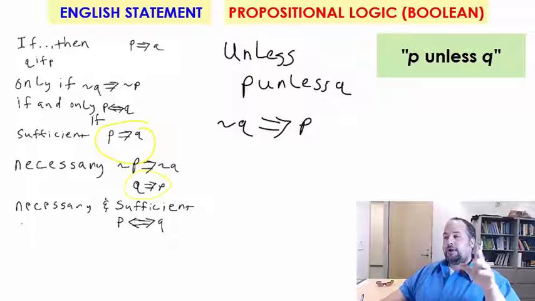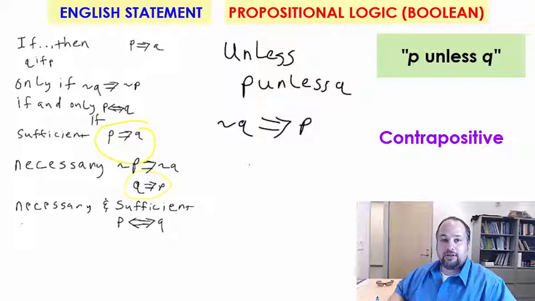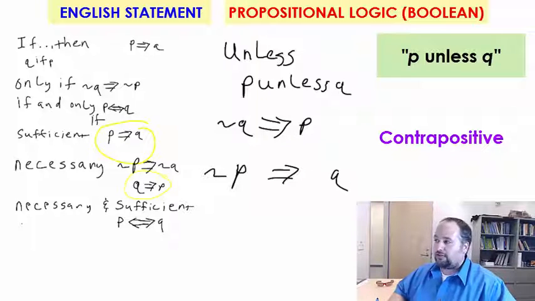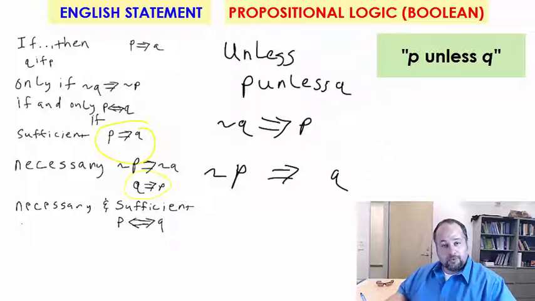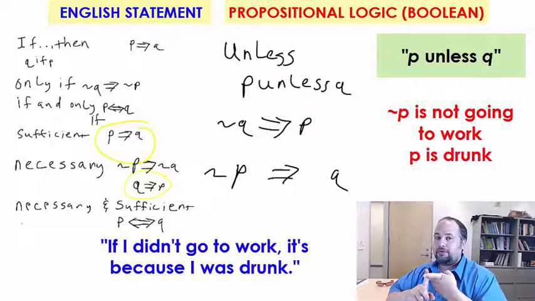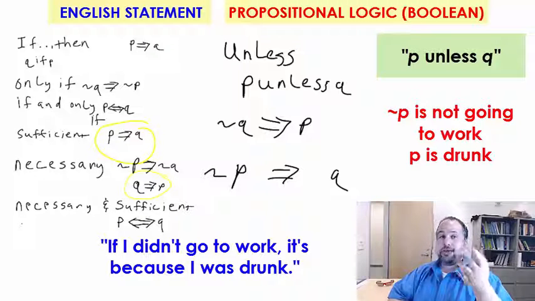So you might need to fiddle around with the words a little bit. The other thing is, remember, the contrapositive is the same statement. What's the contrapositive? We flip the direction. So we have not P implies Q. If I didn't go to work, it's because I was drunk. So the contrapositive is the same statement, and often with unless, that's more useful.